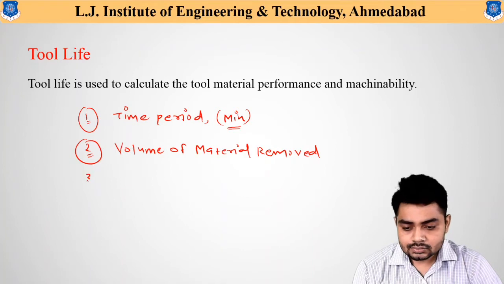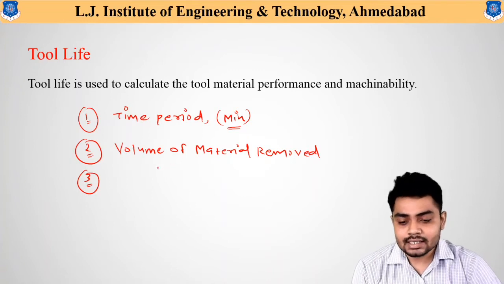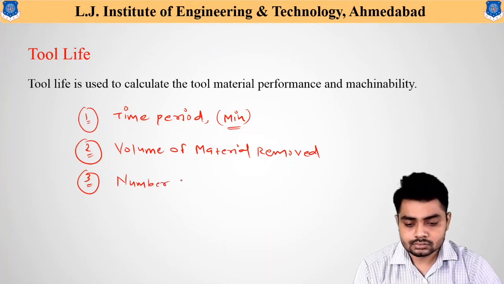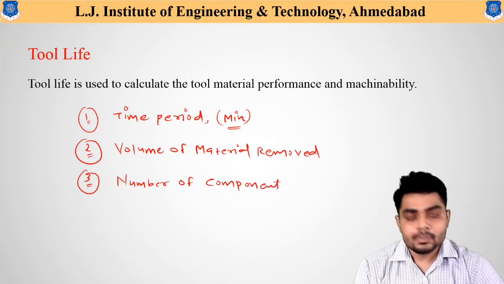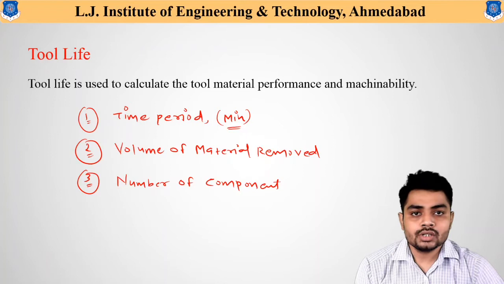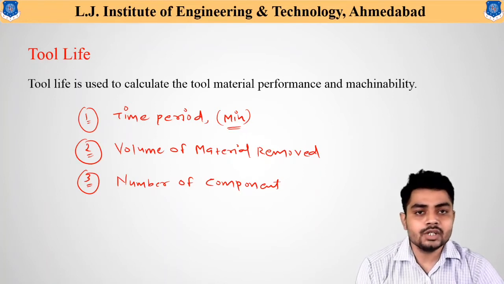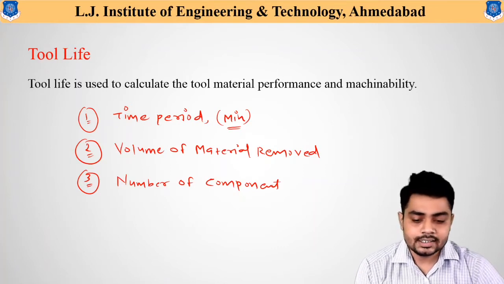And the third way the tool life can be defined is the number of components machined between regrinding. Means how many components can be machined by a single point cutting tool or any cutting tool between two successive regrindings, that is also considered as the tool life.